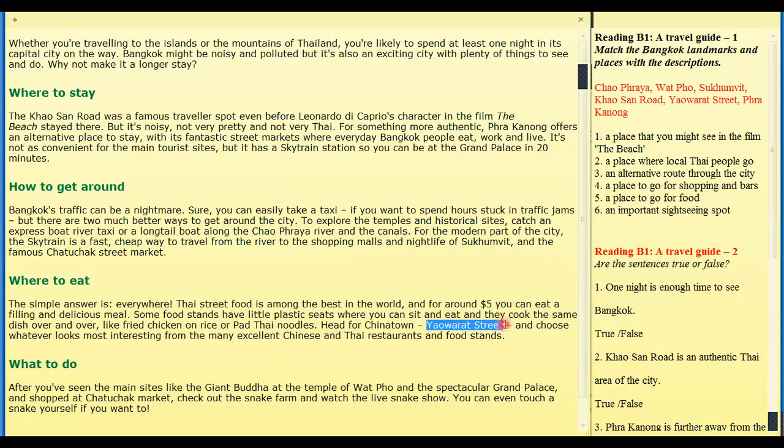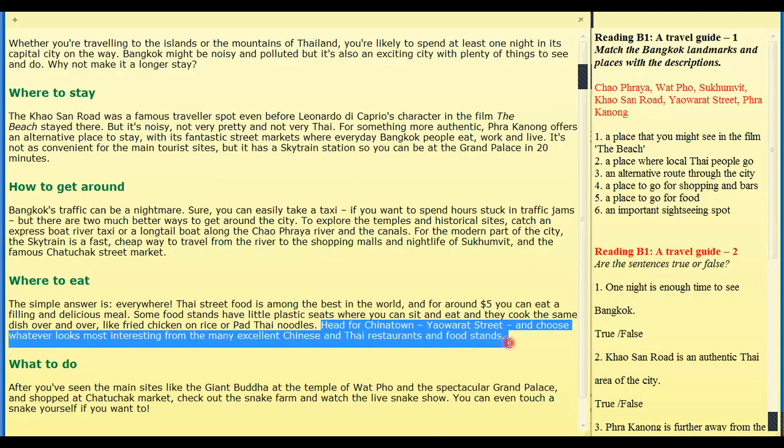Yaowarat Street. So why Yaowarat Street is the answer for question 5. You read it, a place that you could go for food to eat. So you read this sentence.